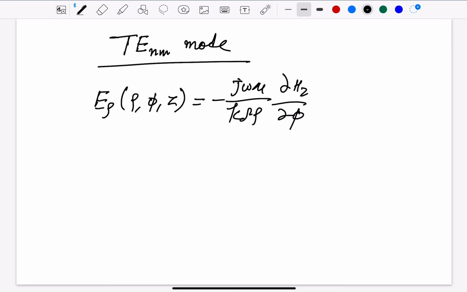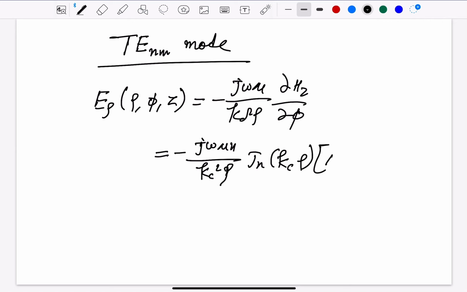If you differentiate with respect to phi, you will get j omega mu n over Kc square rho Jn Kc rho, of course, a cos n phi minus b sin n phi, and e to the power minus j beta z. So this is E rho.